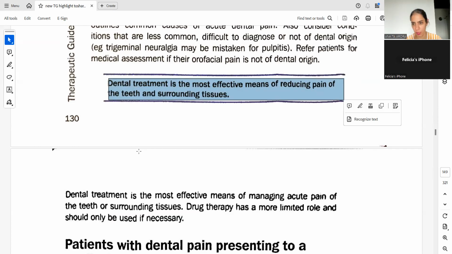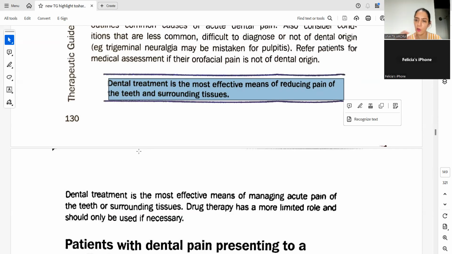How would you manage the pain? One option would be to prescribe a painkiller and recall for RCT. Another would be to do an emergency access opening and continue the treatment in the next visit. You would prescribe, say, caffeine and some ibuprofen or something.